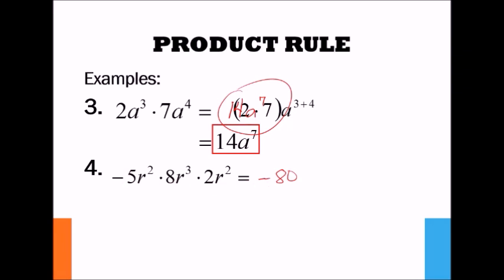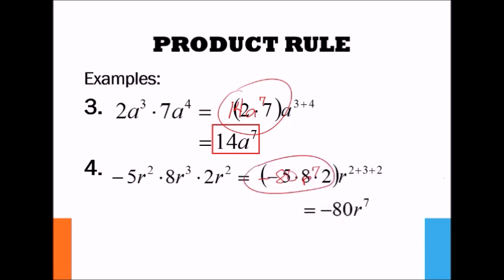Since we have one negative, it's negative 80. Then, copy the base. Our base here is r. Then, 2 plus 3 plus 2. So our answer will be 7. 2 plus 3 is 5, plus 2 is 7. It just happens that the exponent in our answer is also 7. Okay?